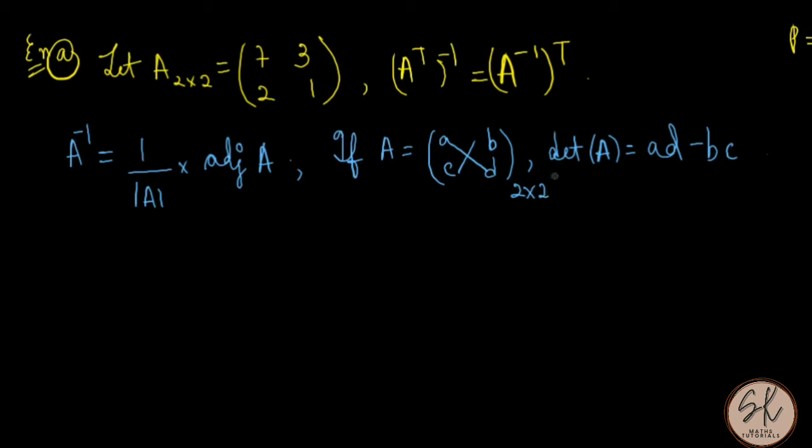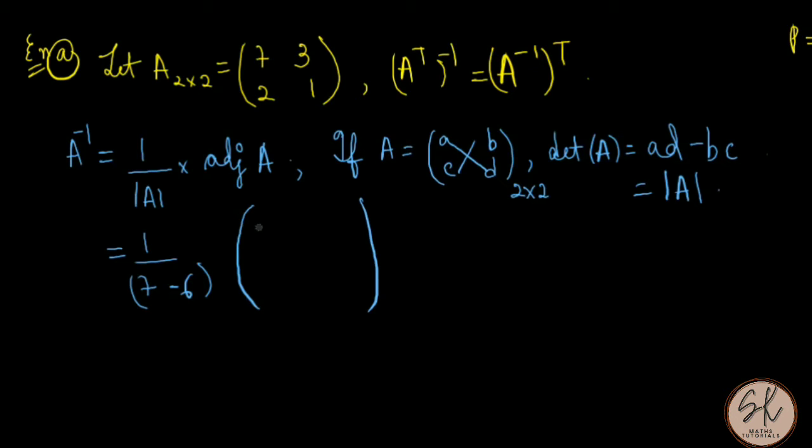For a 3 cross 3 matrix the formula is different. Here the determinant of A is 7 into 1 minus 3 into 2, that is 1, times the adjugate of A.